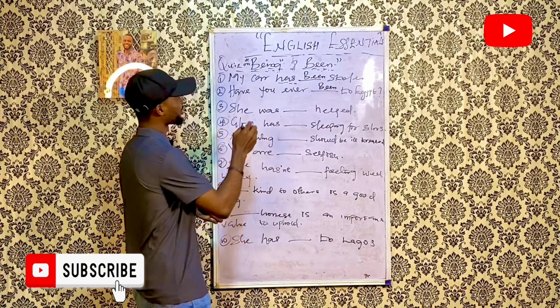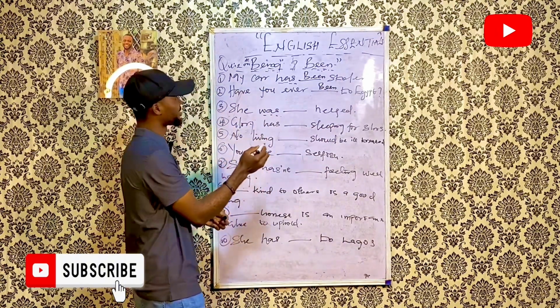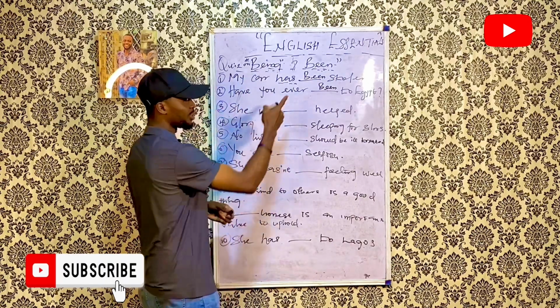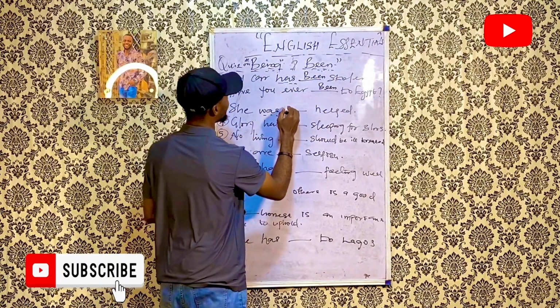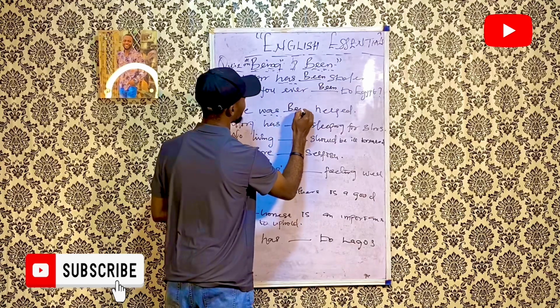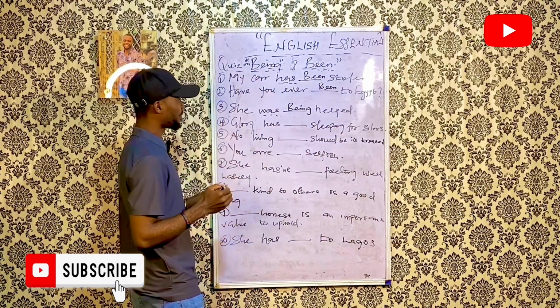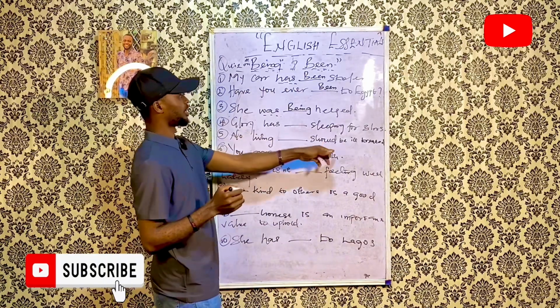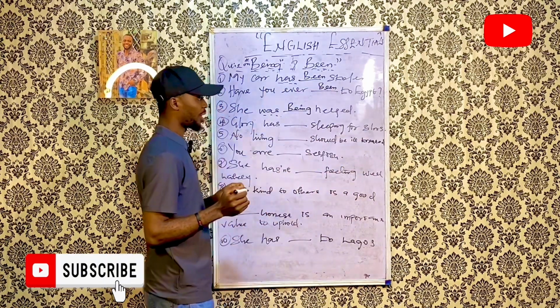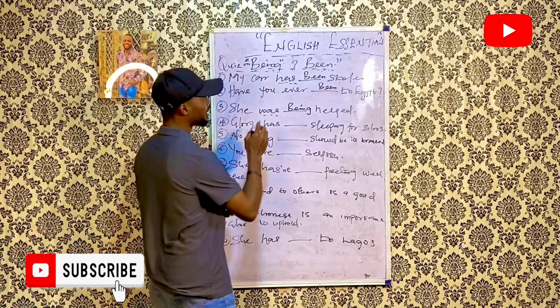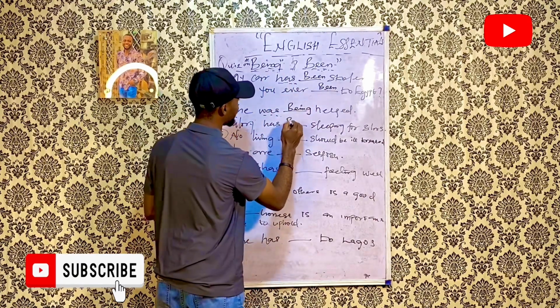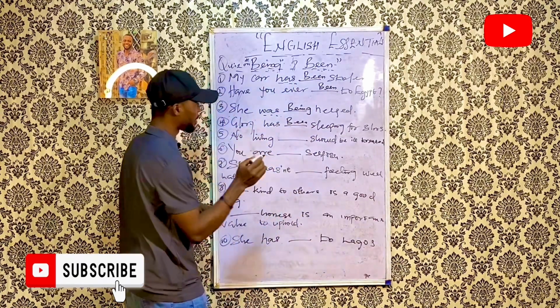She was, you are seeing the word "was", so you are going for "being", not this very one. So, she was being helped. Number four says, "Glory has dash sleeping for 3 hours." Has been sleeping. Remember the "has" here.